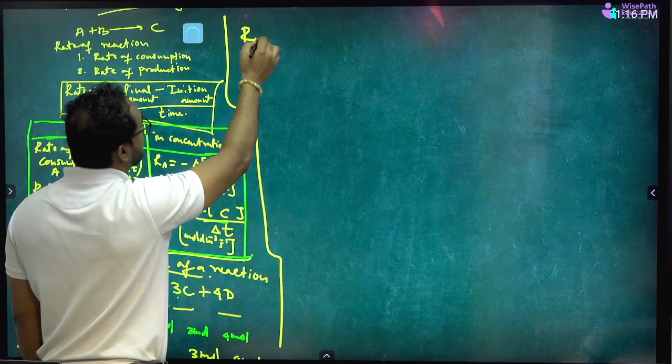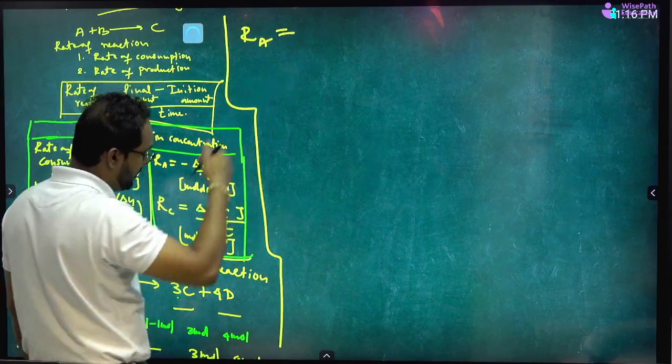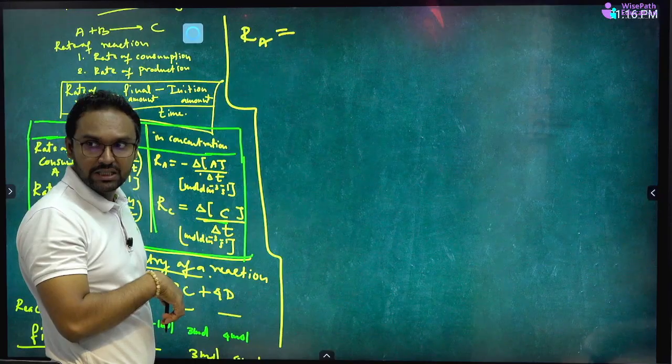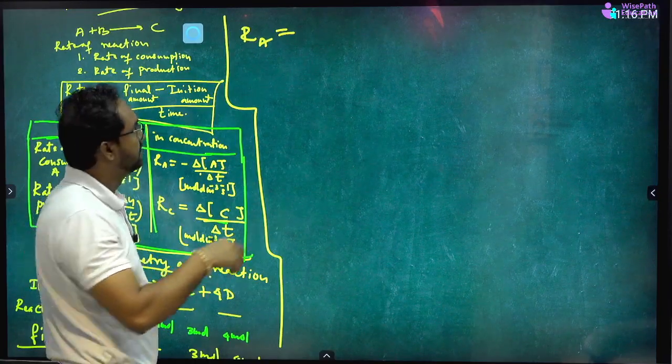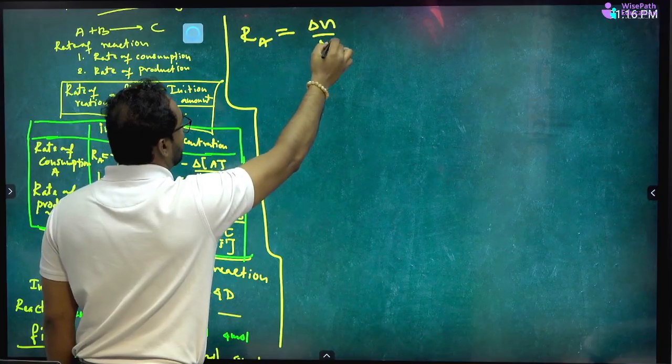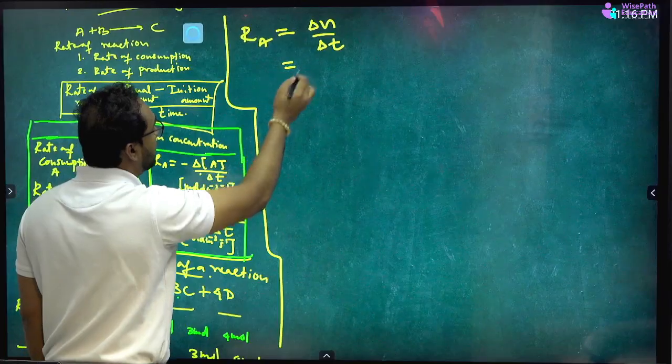So rate of reaction of A. So we took it in moles, right? We'll take delta n over delta t. So tell me RA.